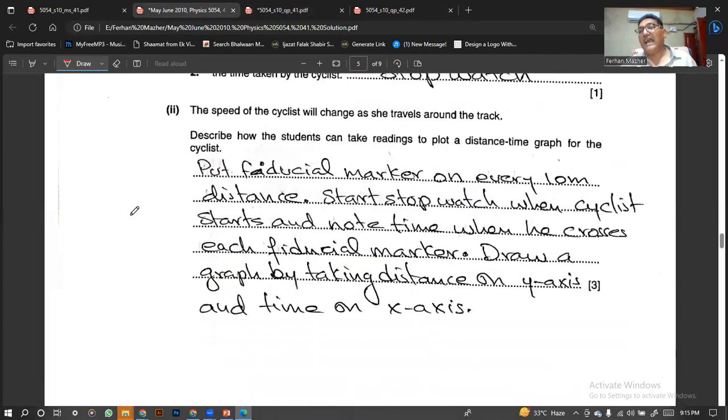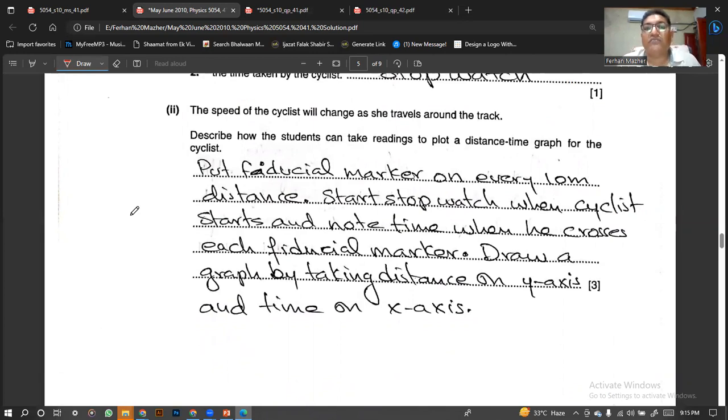And you will have time and distance. Then you can plot a graph between time and distance. Take the distance on the y-axis and time on the x-axis, plot those points, and join them, and you will get the distance time graph. Fiducial marks are those marks like a flag, a board on the ground, or a mark on the ground.